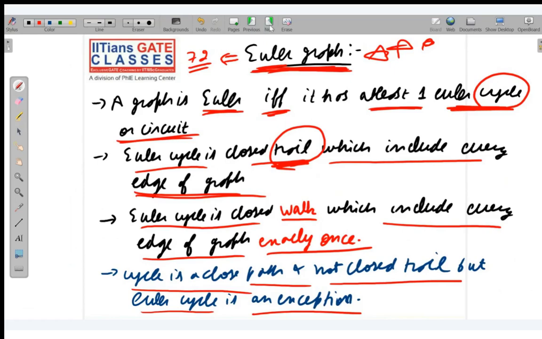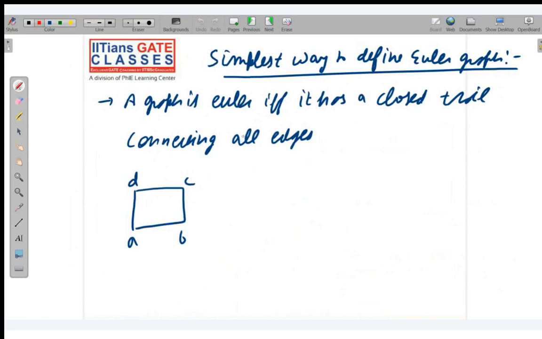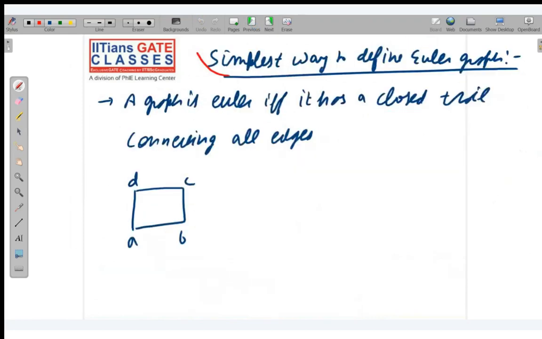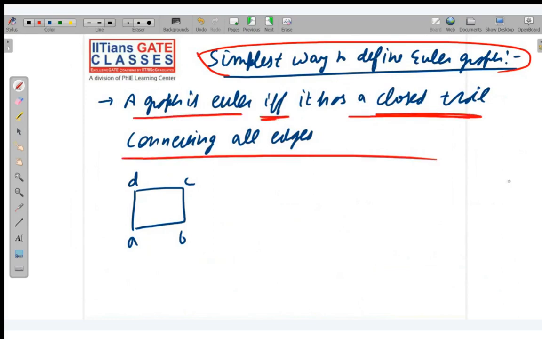So what is the simplest way to define an Euler graph? The simplest way: a graph is Euler if and only if it has a closed trail connecting all the edges. You have to traverse all the edges of the graph in such a way that vertices may be repeated, but edges can never be repeated.